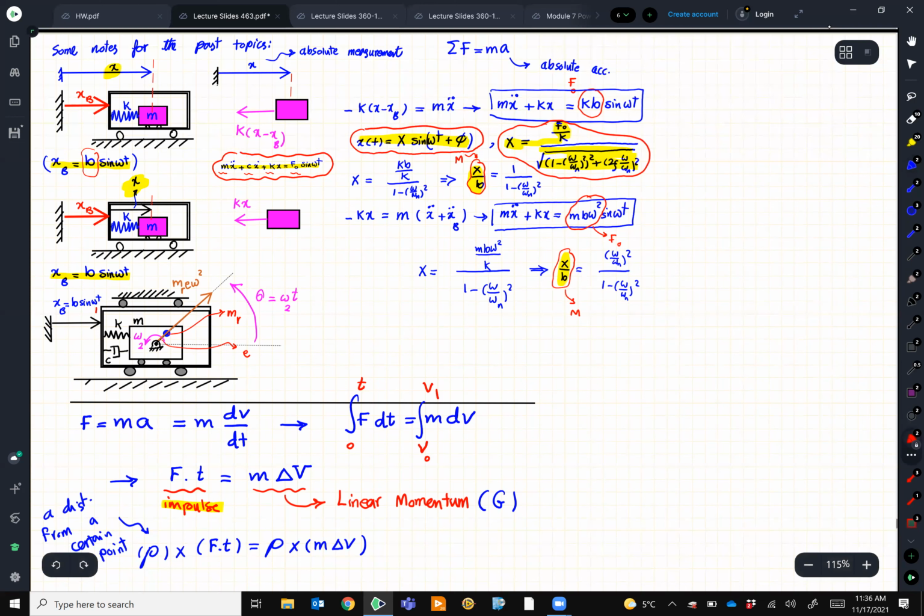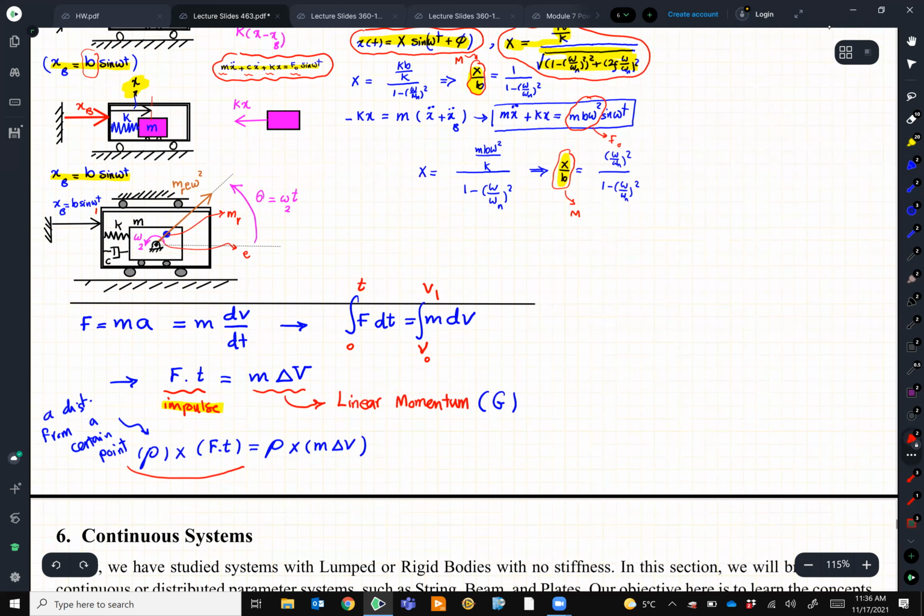So this gives me M, or to be exact, M multiplied by time. M is a moment or a torque. And this one, we call it H, let's say about O. And this H is called angular momentum.